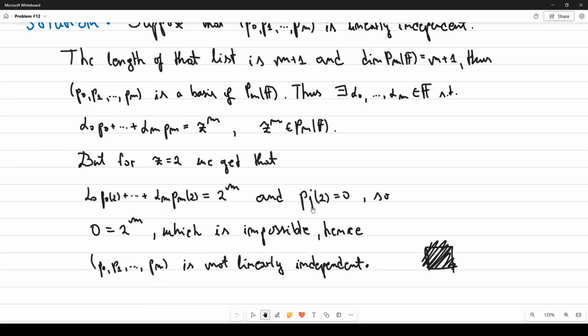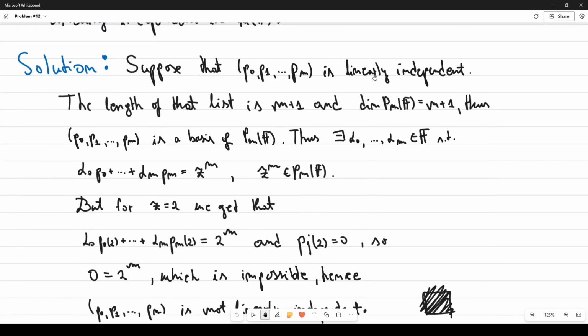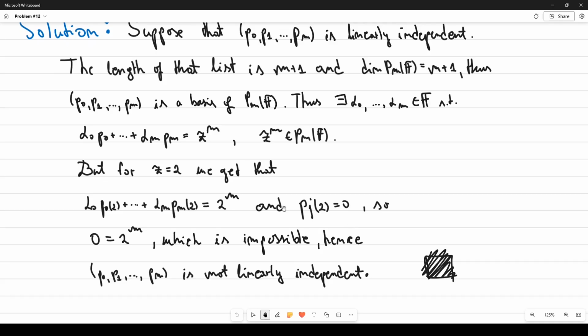Due to 2 being a 0 of each of these polynomials, the left-hand side is equal to 0, and the right-hand side is equal to 2 to the m, which is impossible, so a contradiction. Hence, this list is not linearly independent after all. We started off with the assumption that it is linearly independent and got a contradiction. So it is not linearly independent, hence it is linearly dependent.